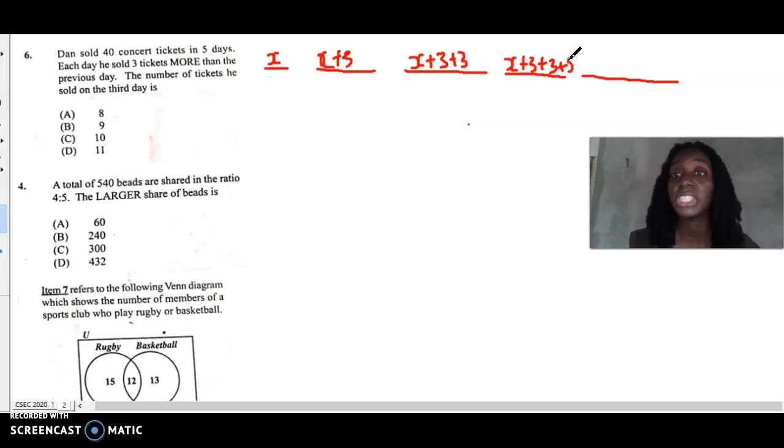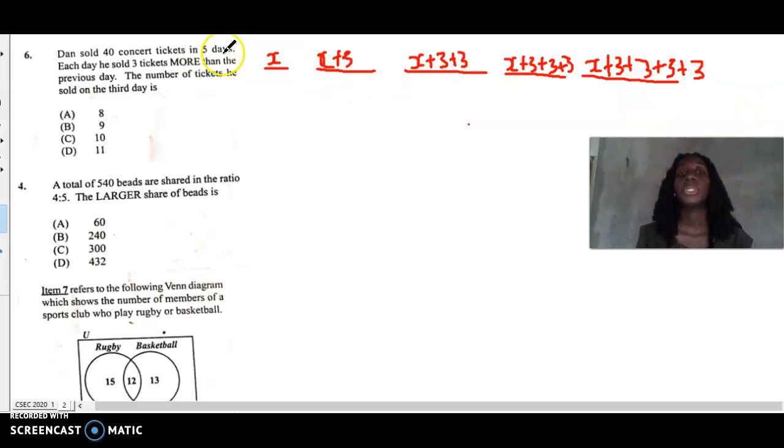So each day he would have sold 3 more than the previous day. And finally on the 5th day he would have sold day 1 amount, day 2 amount, day 3, day 4, and finally day 5.